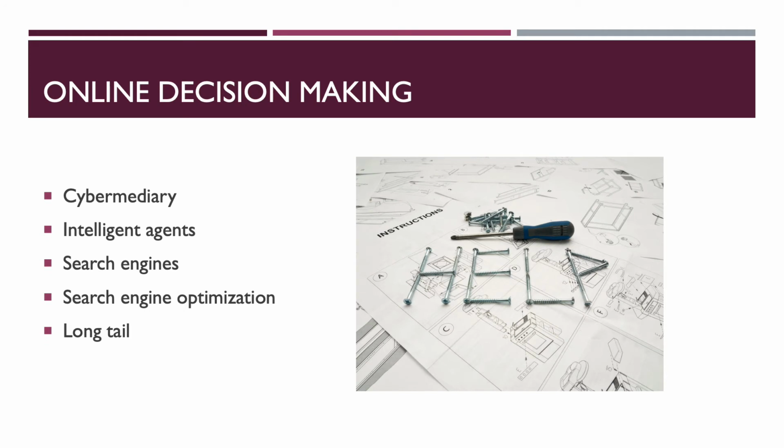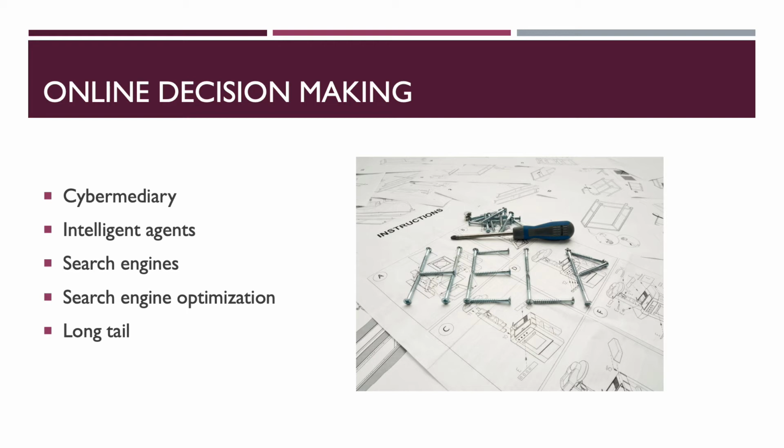Let's talk about online decision making. A cybermediary often is the answer when it comes to online decision making. This term describes a website or an app that helps to filter and organize online market information so that consumers can identify and evaluate alternatives more efficiently.